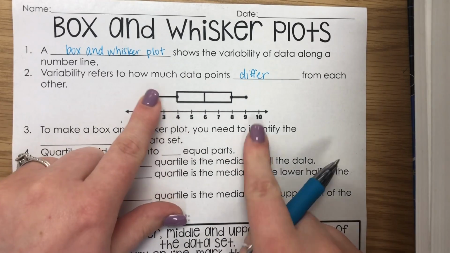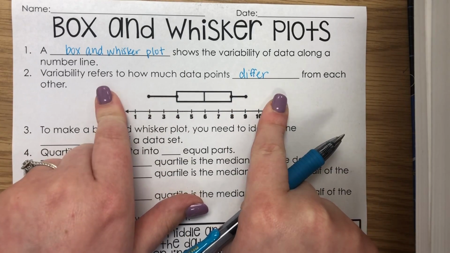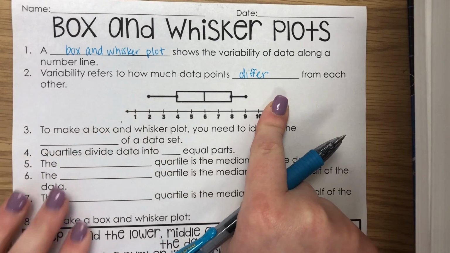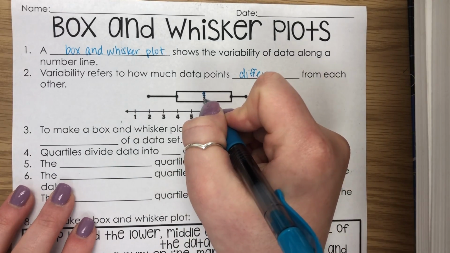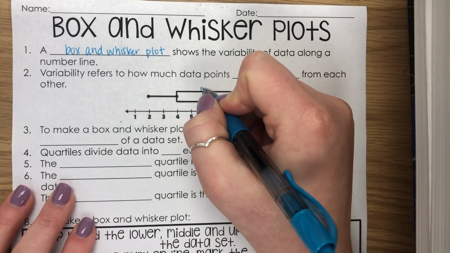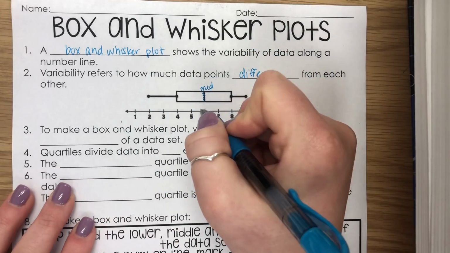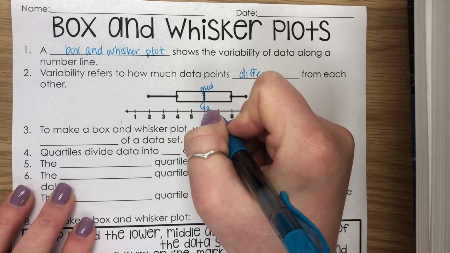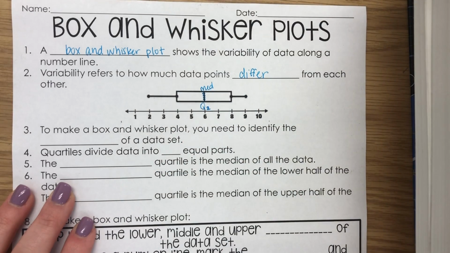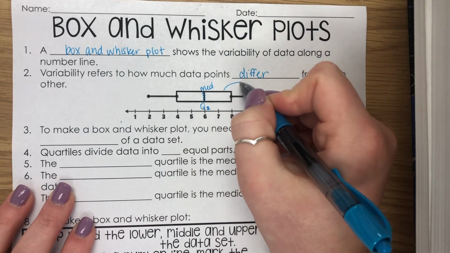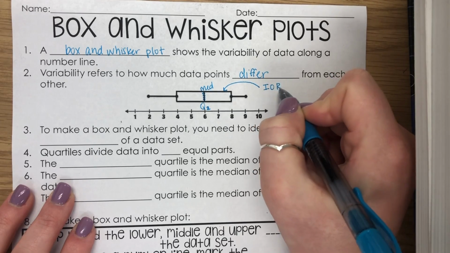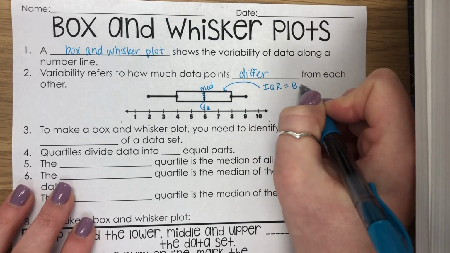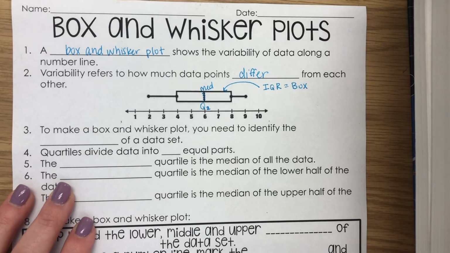So this is a box and whisker plot because you have a box and whiskers. Okay, so this middle line right here is your median, which means it's quartile 2. We remember that from yesterday. And this box is actually your interquartile range.